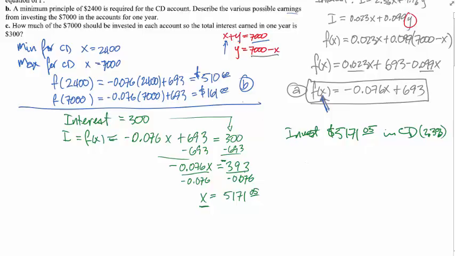But that's not all they ask. They ask how much we should invest in each account. We know that the CD has 5171, so the rest of the 7,000 is going to go into the mutual fund. To get Y, we subtract this value from 7,000.